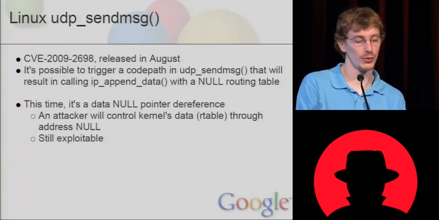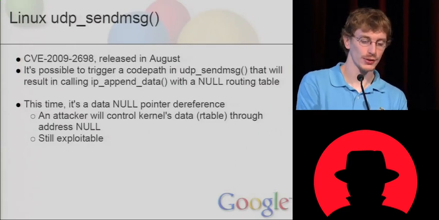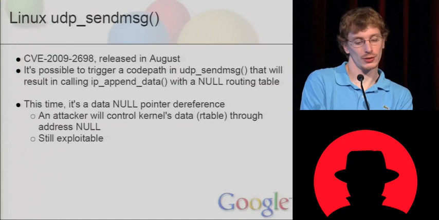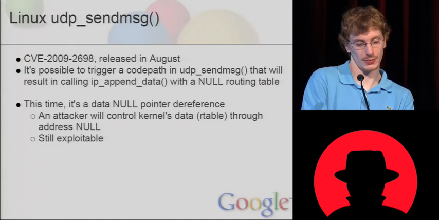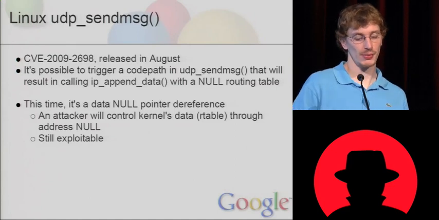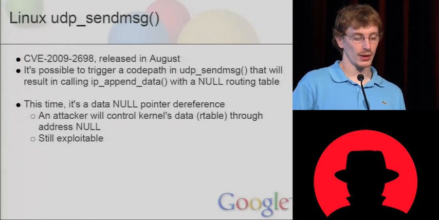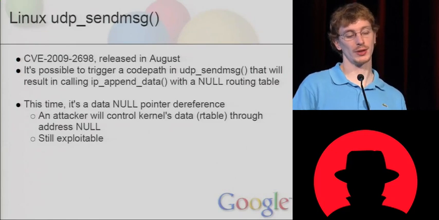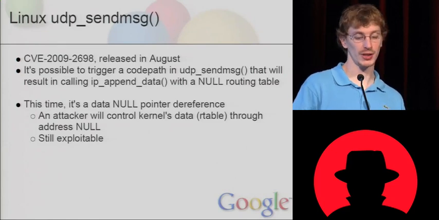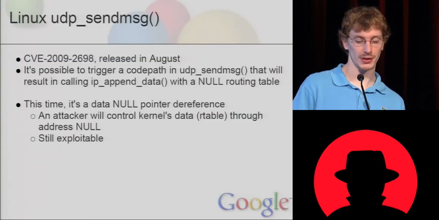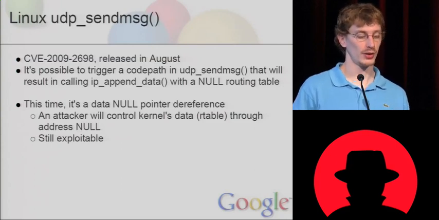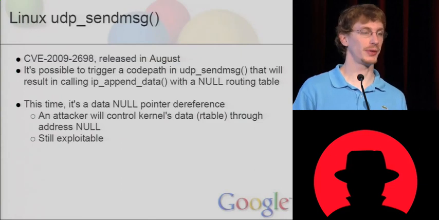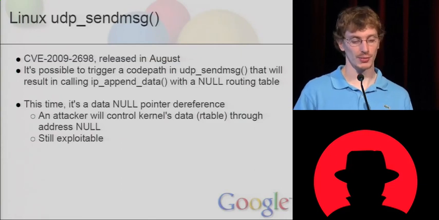Shortly after that, we found another one, which was not as bad, but way more complicated. We found out that it was possible to trigger a special code path in UDP send message that would result in calling some function called IP append data with a null routing table.